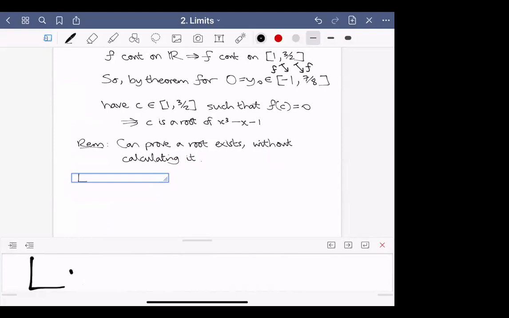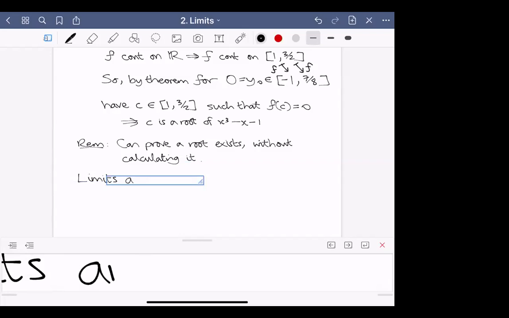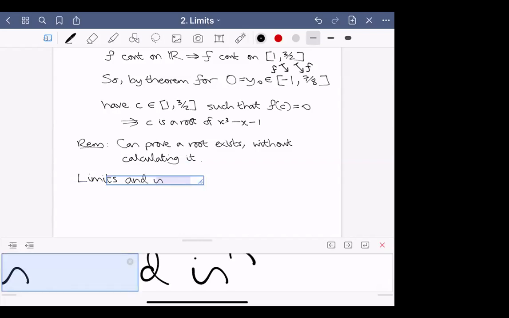Okay, so now I'm going to go back to discuss more notions of limits. These are called limits at infinity. So I'll explain what that means.